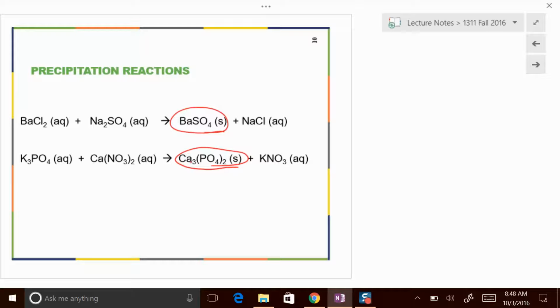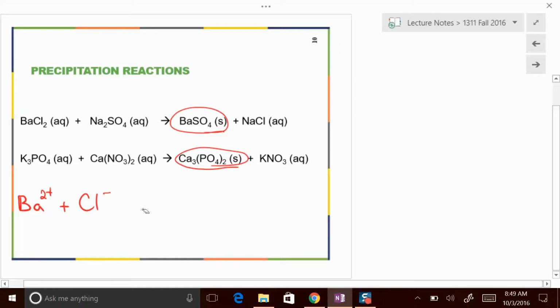So for the barium chloride plus sodium sulfate, let's go ahead and write the ionic equation. Okay? We have barium. What kind of ion is it? 2 plus. Plus Cl. What kind of ion? -1.